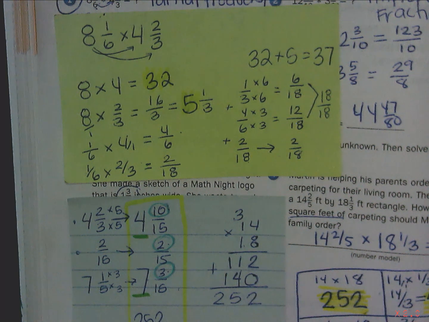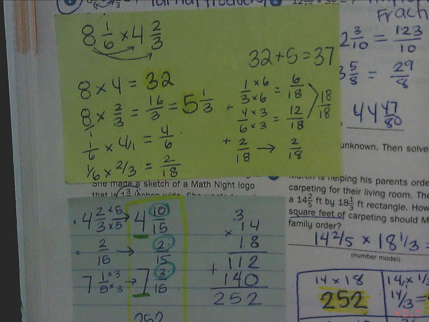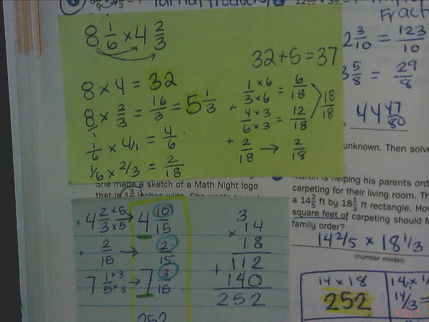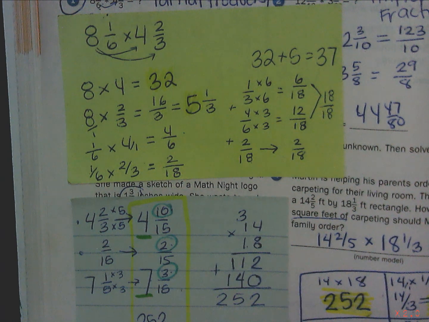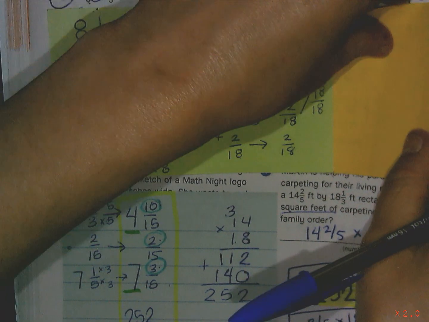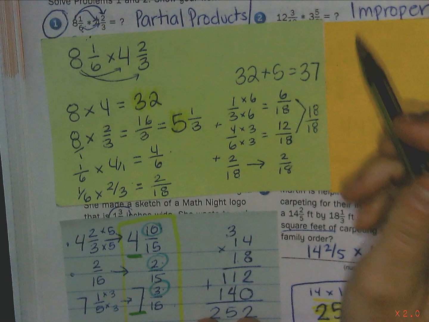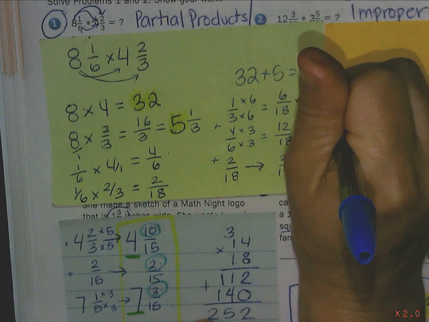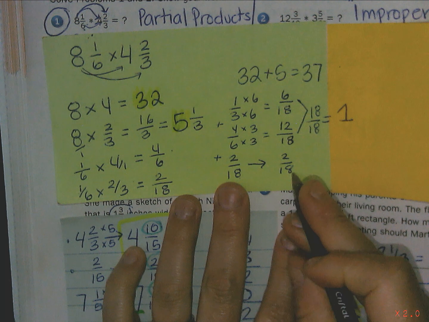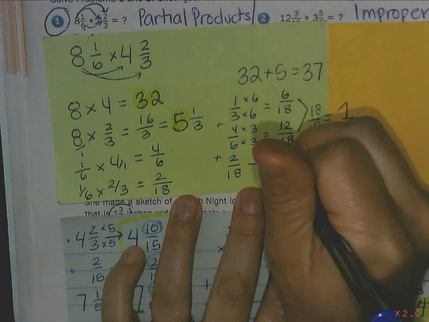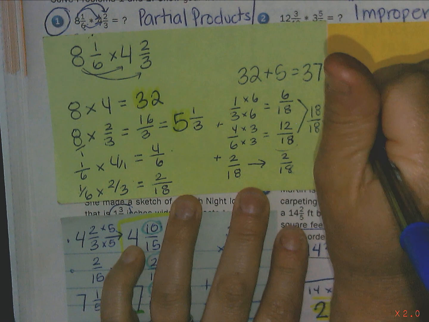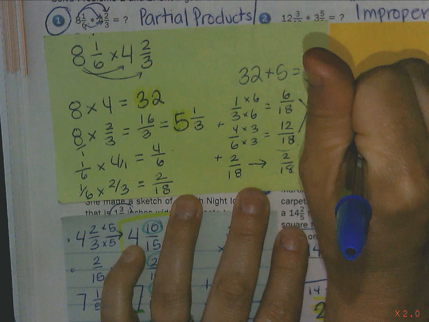So in order to give myself some space, I'm going to put up another Post-it note if I can find it. Okay, there we go. All right, so 18/18 is the same as 1. And I still need to add that 2/18. I can just plop that on right there.